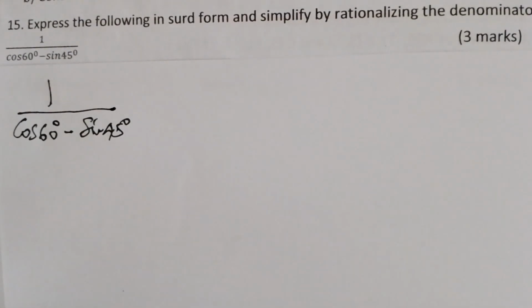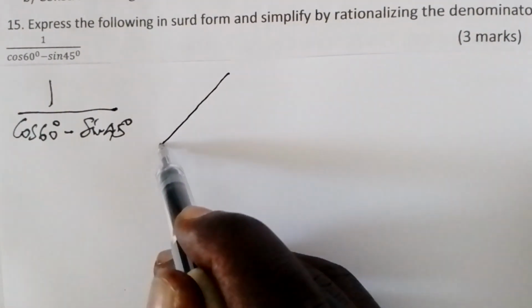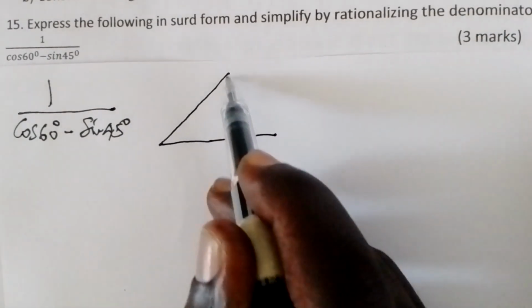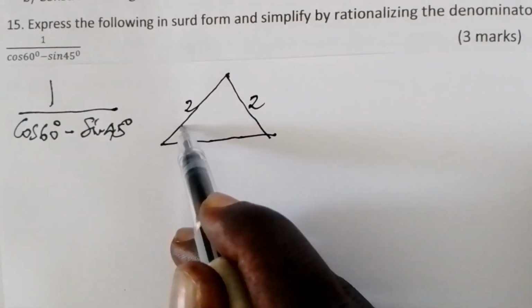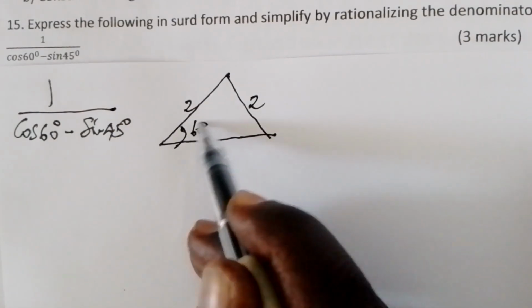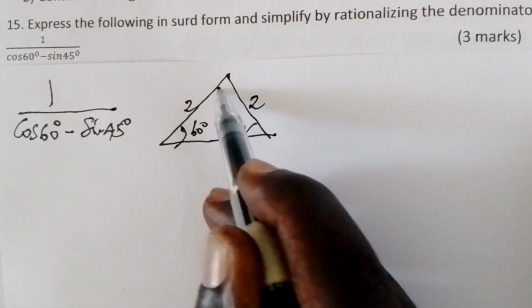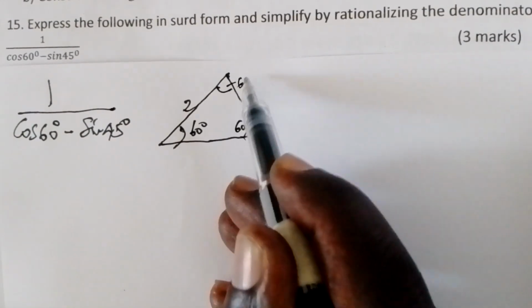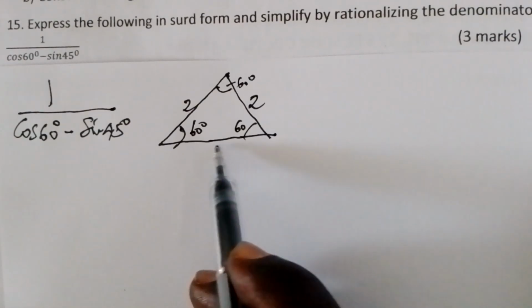these two special triangles. One, an equilateral triangle of sides 2 units. This angle here is 60 degrees, this angle 60 degrees, and this angle also 60 degrees, and this side is 2 units.